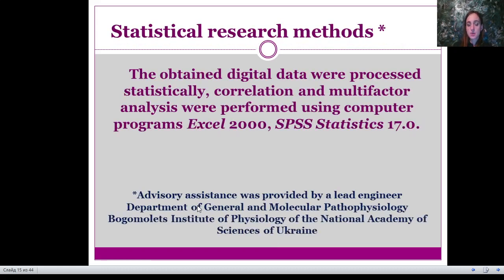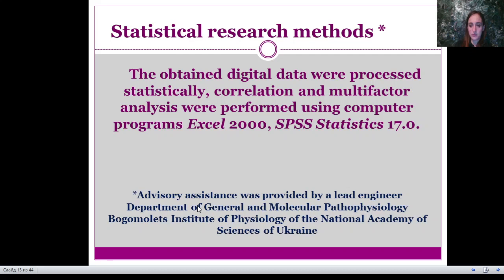And statistical research methods: the obtained digital data were processed statistically, and of course we use these statistical data because we need to understand how many percent of pregnant women have some problems, for example, with the gums, and how many percent of pregnant women have problems, for example, only bleeding gums without exacerbation of the gum disease or gingivitis.